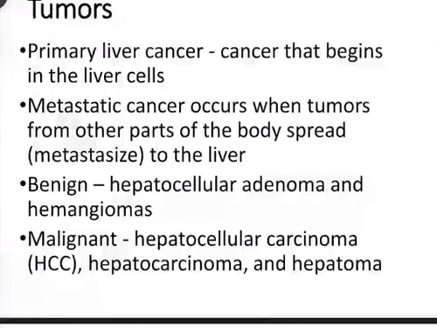This cancer is beginning within the liver cells. No, it does not metastasize. A possible metastatic cancer occurs when tumors from other parts of the body spread or metastasize to the liver. What are the possible cancers that metastasize to the liver?